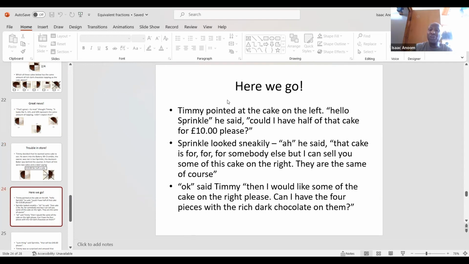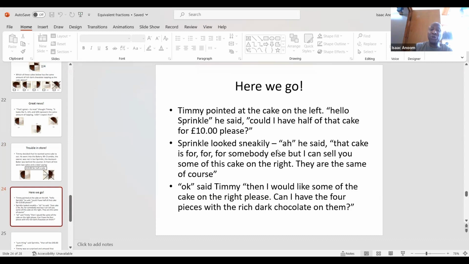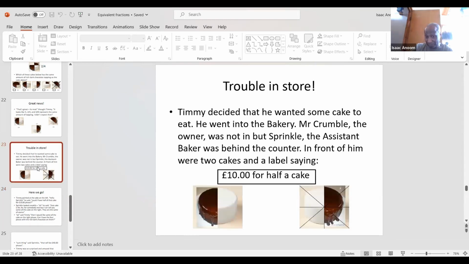Hello, Sprinkle, he said. Could I have half of that cake for £10? Sprinkle looked sneaky. He said, that cake is for somebody else, but I can sell you some of the cake on the right. They are the same, of course.